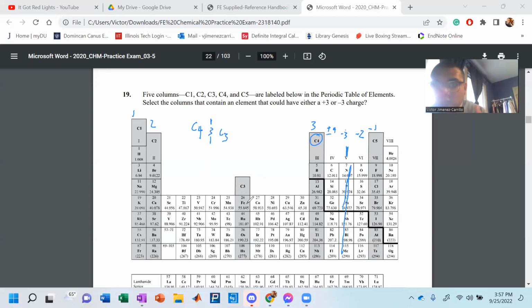How about C3? Well, think about it this way. Iron, rutherfordium, osmium, and one more whose name I forgot, are all metals, and metals could have whatever charge you want to give them. Iron could be +2 or +3, and so could all of these metals, because they're in transition. They can have whatever charge you want. So C3, because they could technically have a plus charge of 3.